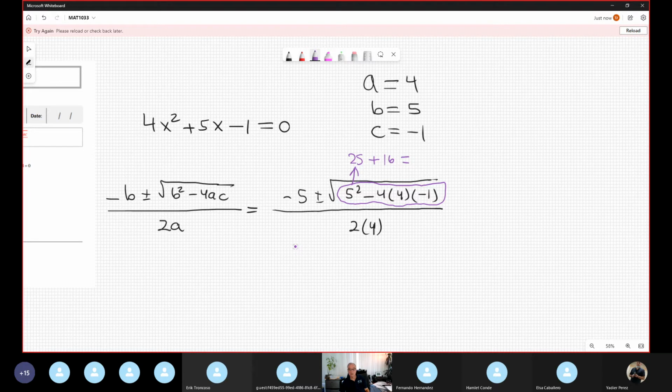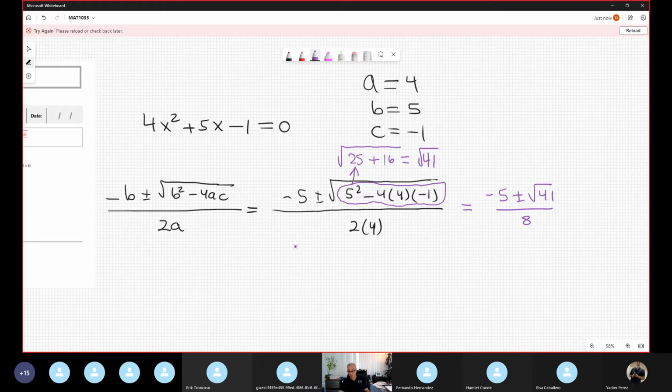And 41 is a prime number. Okay. Therefore, we cannot simplify. So it's negative 5 plus or minus radical 41 divided by 8, the multiplication of 2 and 4.